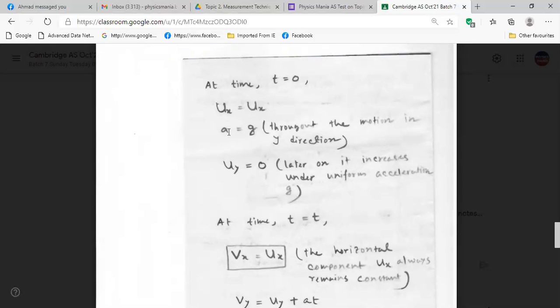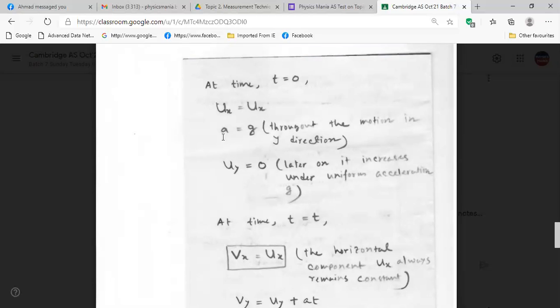Now that time we have acceleration that is working downwards, right? That is acceleration due to gravity, because the object will fall down, right, due to the gravity.